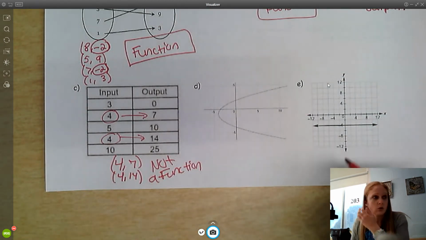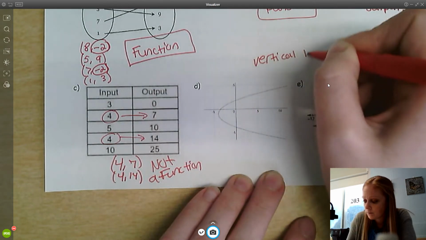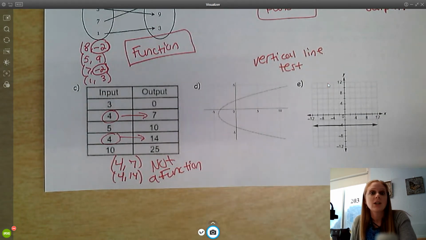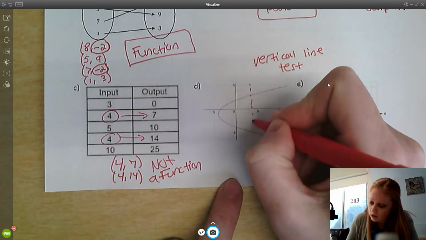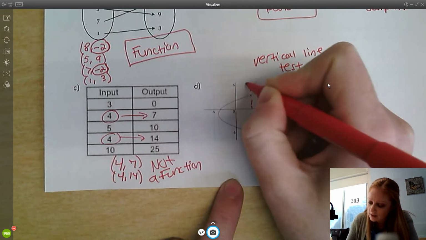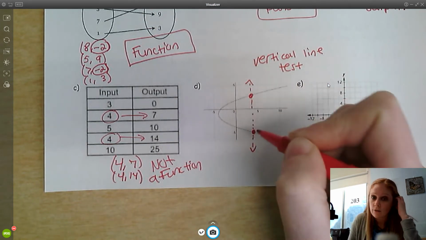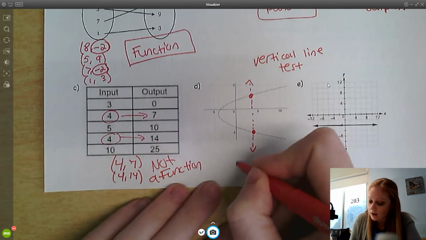Okay, for these 2 graphs, you have to do the vertical line test to see if it's a function. To be a function, it has to pass the vertical line test. So you want to draw a vertical line going up and down through your graph, and see how many times it crosses. This vertical line hits our graph twice, so we know that it's failing the vertical line test. So it is not a function.